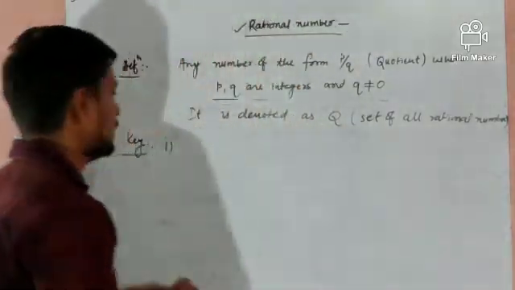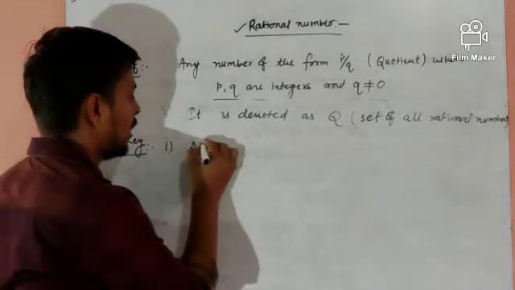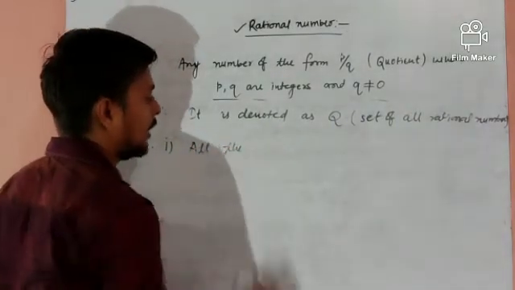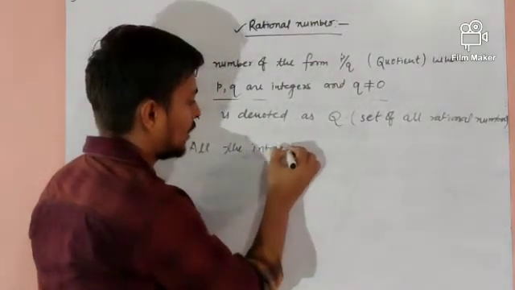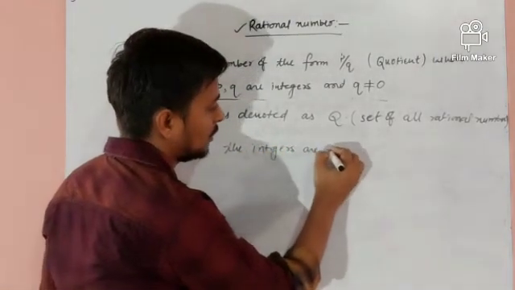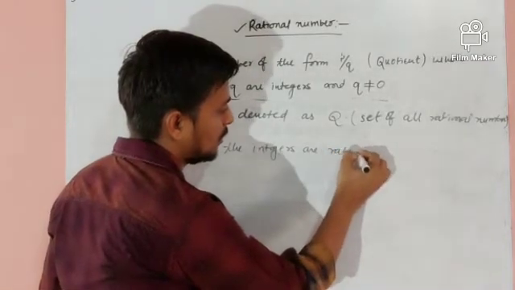Now the second key point is all the integers are rational.